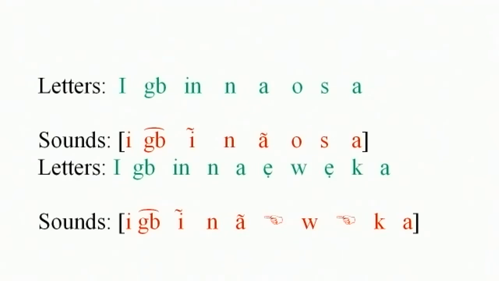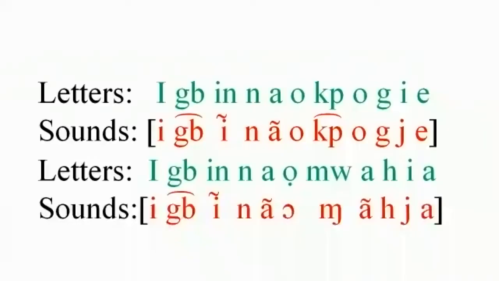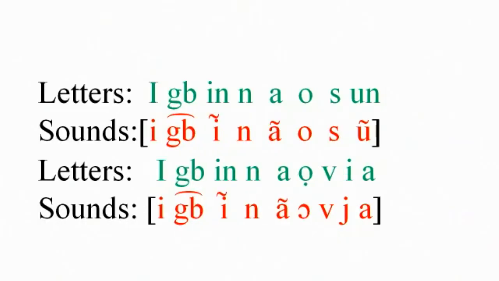Then you have Igbineweka. When the vowel elides, the nasal spread is now on the E, and now you have Igbineweka. Then you have Igbinoghogi. So this way you have the proper and accurately written form, which can also be correctly written.